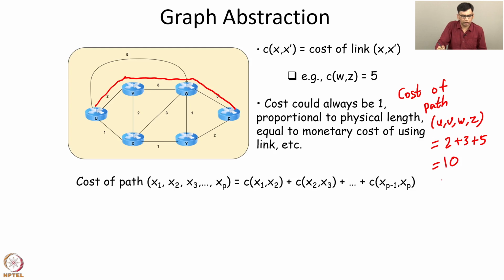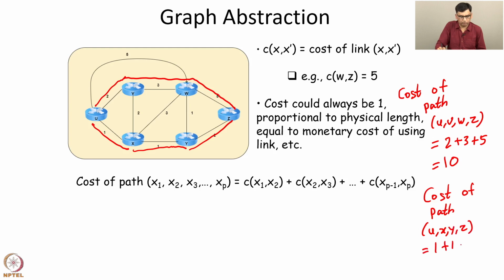As another example, consider this path from U to X, X to Y, and Y to Z. The cost of the path U, X, Y, Z is 1 plus 1 plus 2, that's 4. So we can see that there are multiple paths with different costs.